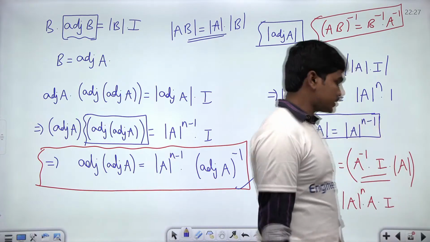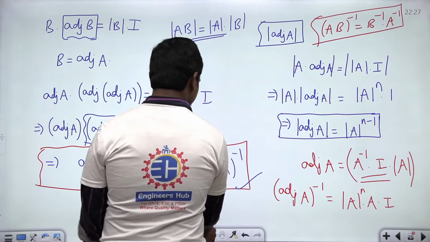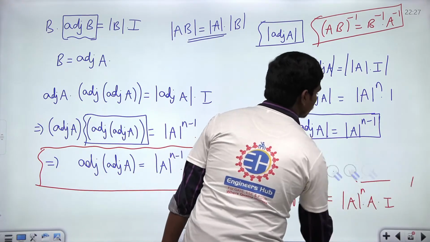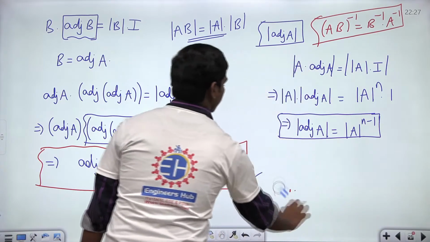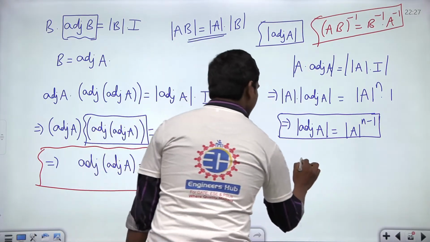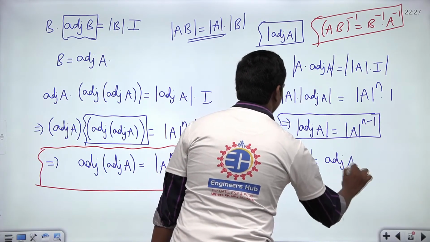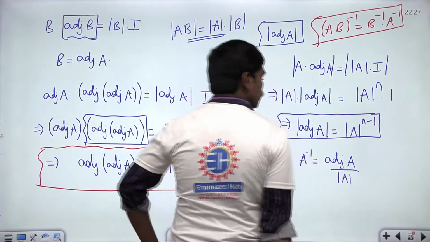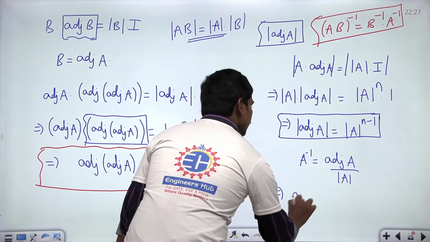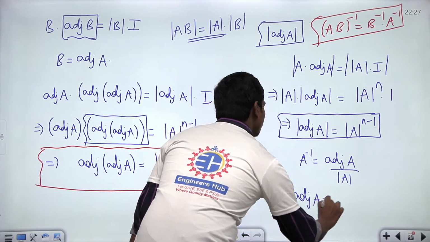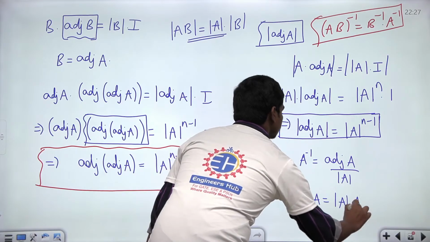Adjoint of A inverse. Okay, let me tell you again, if you have a bit of doubt here. We have A inverse is equal to adjoint A by det A. Correct? So this is nothing but adjoint A is equal to det A into A inverse.